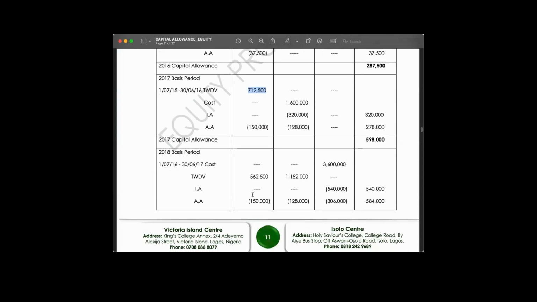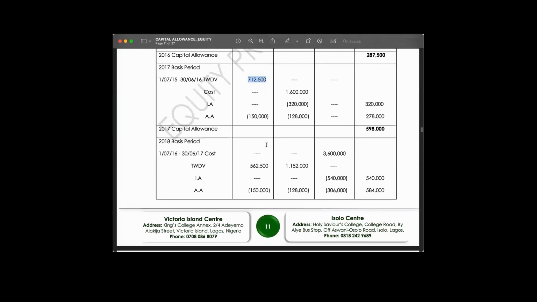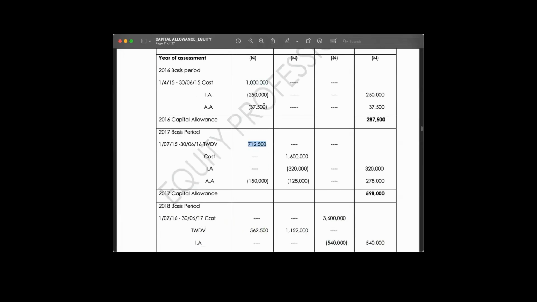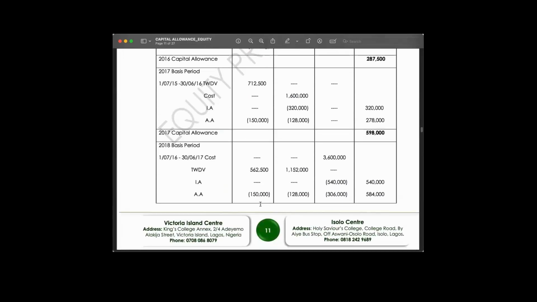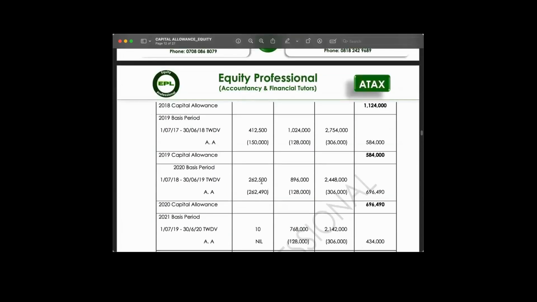Alternatively, instead of doing it that way, you can stick to the normal annual allowance this is supposed to have, which is 150,000. That is this minus this divided by 5 years. I will continue to remove it till we get to the last year.